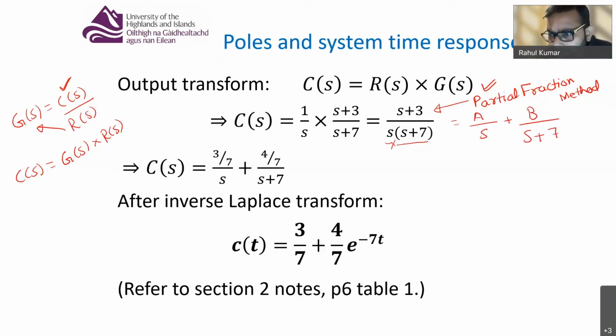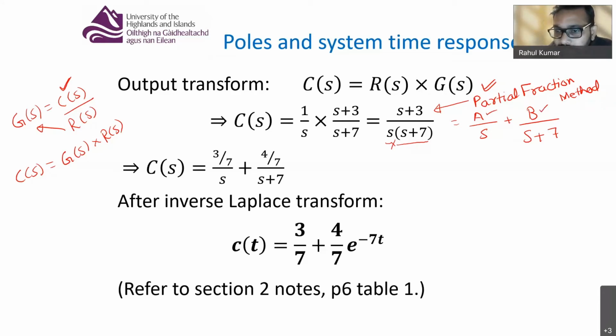I have not explained it here since you do not have to calculate all that, but if you are interested, you can go on the internet and search for the partial fraction method, and you can understand it very easily. Essentially, we equate the given equation with a divided by s plus b divided by s plus 7, and then we find the values of a and b.